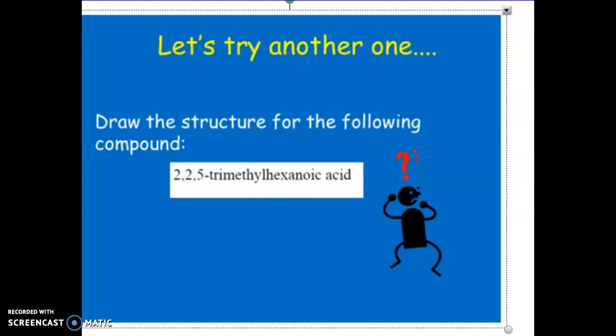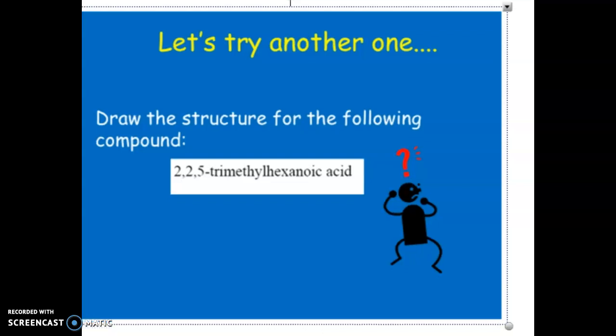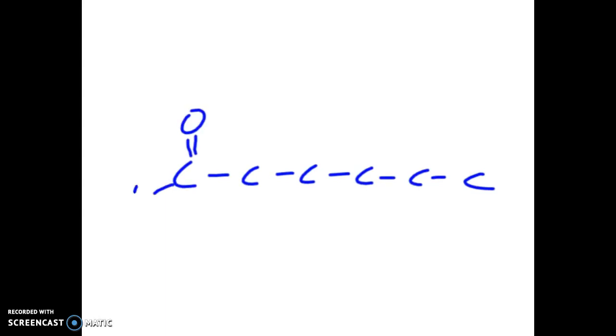All right, so try drawing this one. So 2,2,5 trimethyl hexanoic acid. Okay, so we have hexanoic acid, 1, 2, 3, 4, 5, 6. It doesn't matter which one you make your carbon 1, the one on the left or the one on the right. So this is number 1 always.